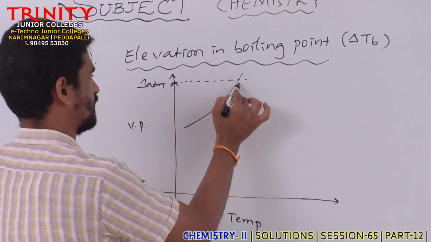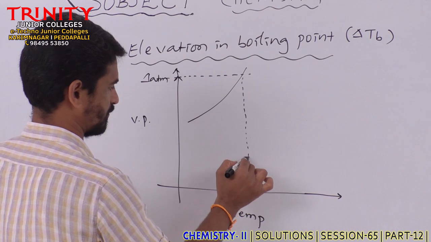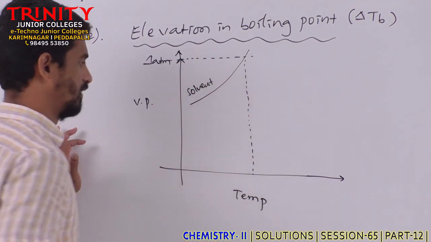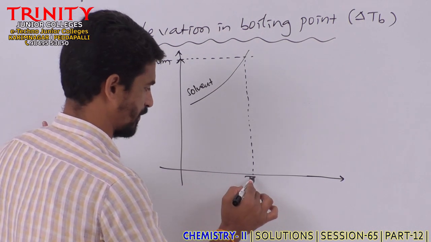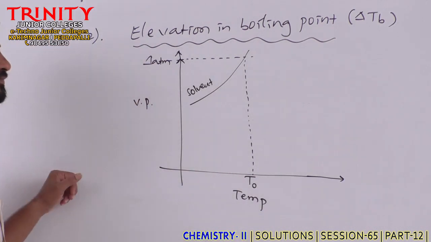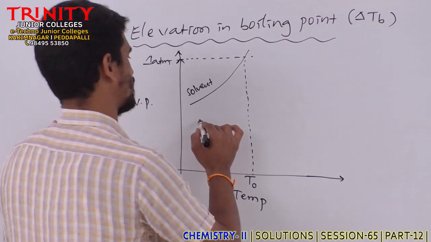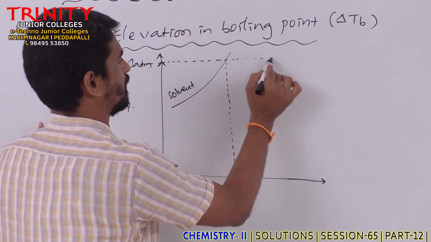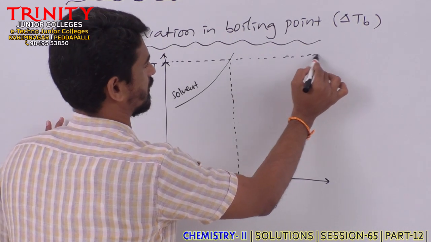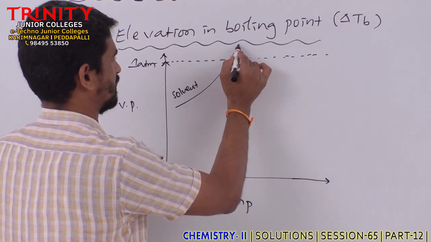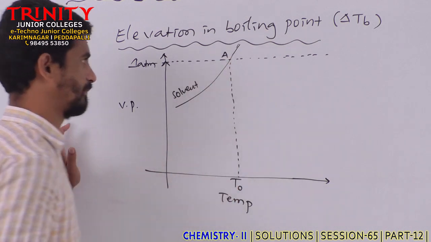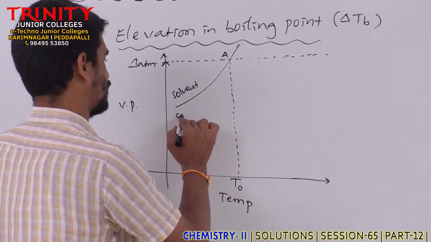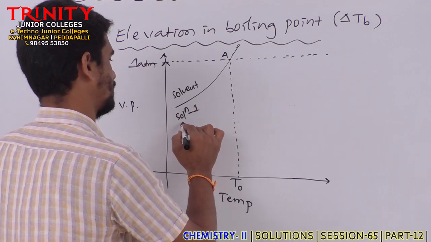The temperature at which the vapor pressure of the solvent becomes equal to 1 atmosphere is called the boiling point of the solvent, T naught. Let us consider this is at point A. Next, let us take solution 1, having a certain concentration.